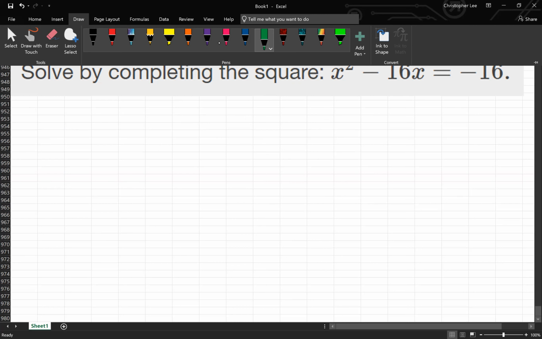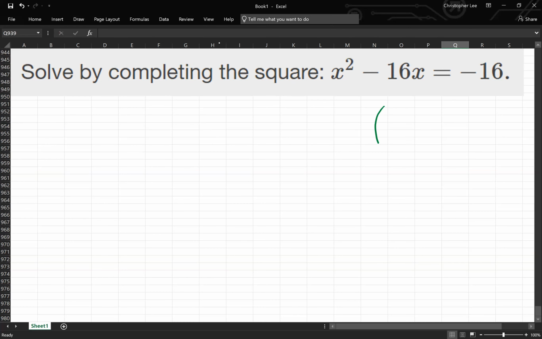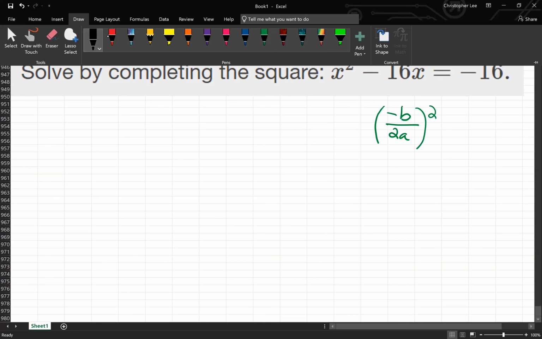In this example, we're getting to the other examples where it's not one, but it's a real simple set. You're gonna see. All right, let's try this one out right here. Remember my formula is negative b over 2, all squared, right? In this question, what's my a?